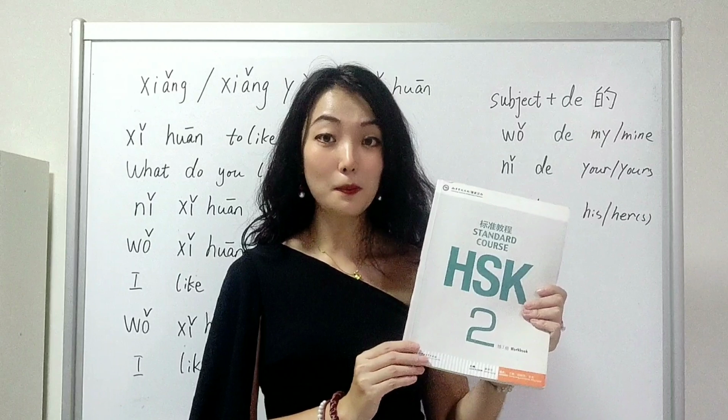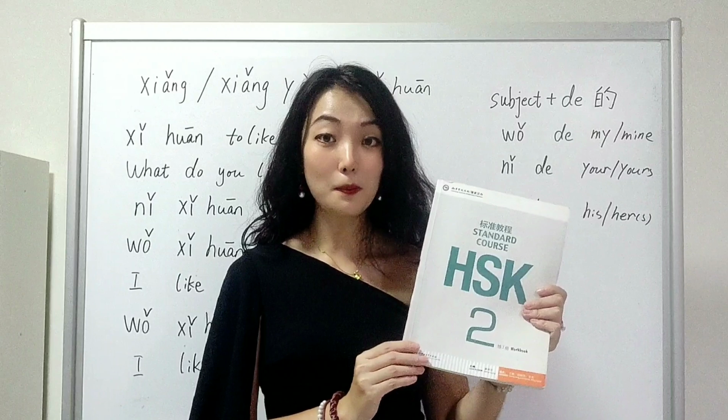Did you understand it? One more time. 这本书不是你的. 这 this, 本 counting unit of book, 书 book, 不是 is not, 你的 yours. So it means this book is not yours.